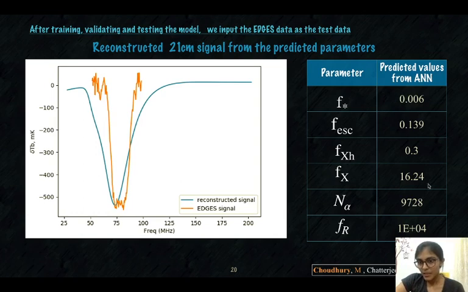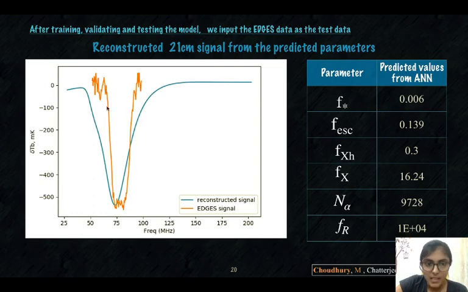Using these predicted parameter values, we try to reconstruct the signal. You can see over here, this blue curve is the signal reconstructed by our model. It does not mimic the shape of the signal as such, because it's a very simplistic model which has not taken into account several things that might mimic the flatness of this signature.